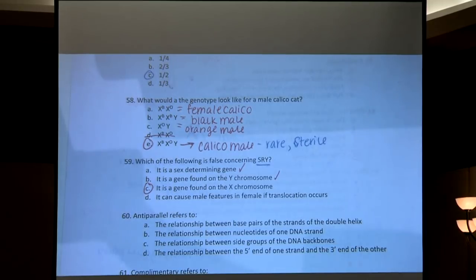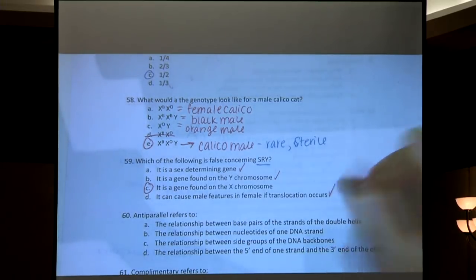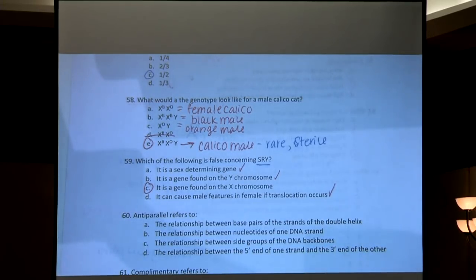No. So this is false. And it can cause male features in a female if translocation occurs. So this is true. Remember our translocation, meaning we're moving a piece of the chromosome and putting it onto another chromosome. So we're transferring it somewhere else. And so if it were to transfer onto the X chromosome, it's not normally found there, but it could cause them to have male characteristics.